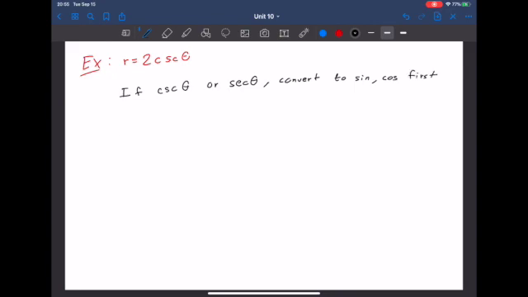What do I mean by that? And you might be ahead of me if you're thinking about what we started with. Okay, so I have 2 over sine theta. How's that help me? Let's multiply both sides by sine. And then wouldn't you know it, r sine theta, that's y. And so again, we have a horizontal line at y equals 2.